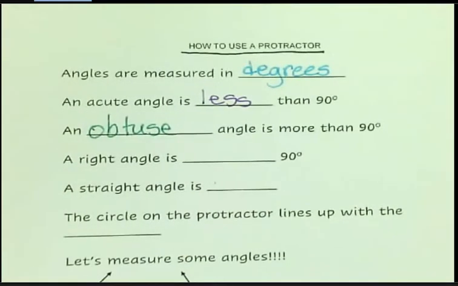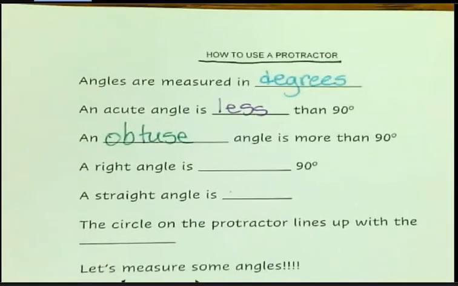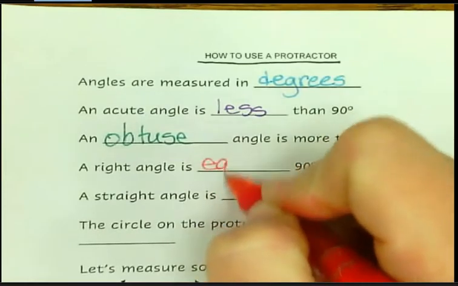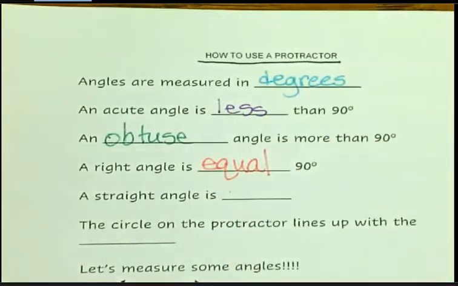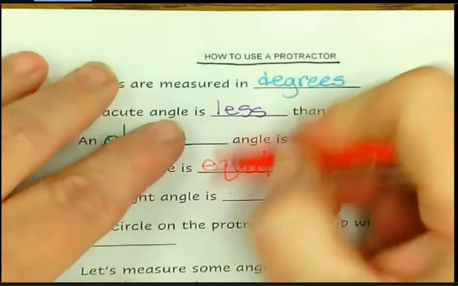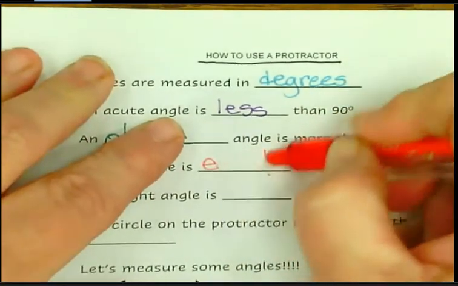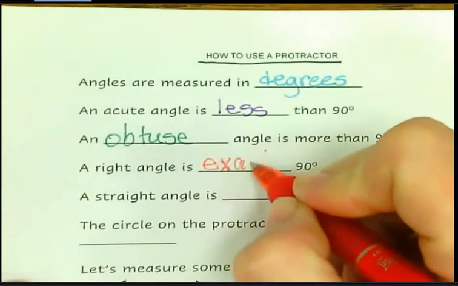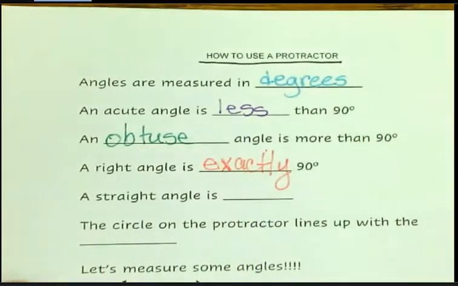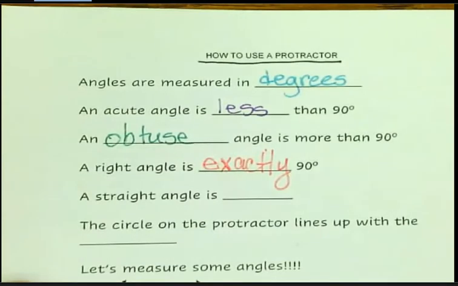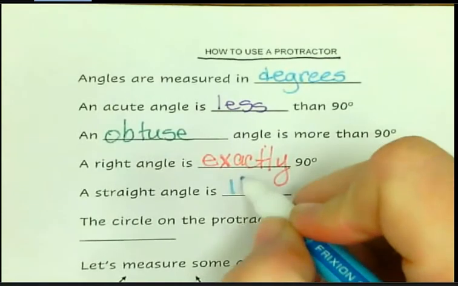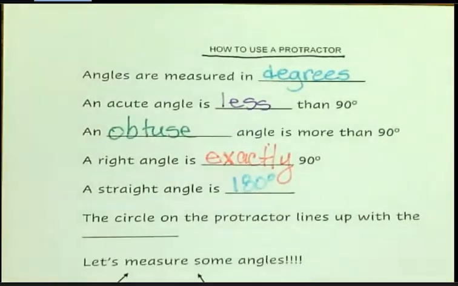A straight angle, ooh, a straight angle. Well, that would be, oh, wait a minute, a right angle is equal, or actually, erase that. It is exactly 90 degrees.